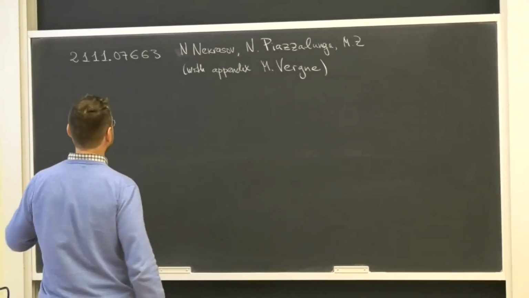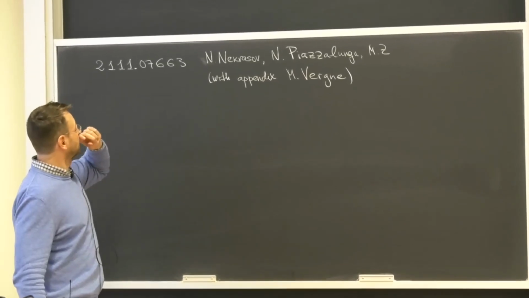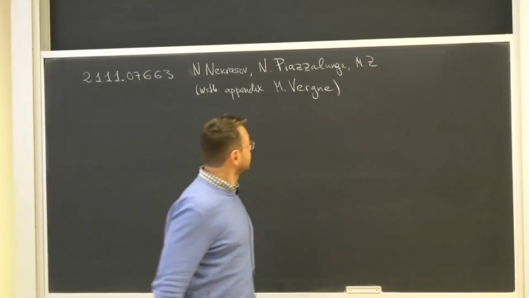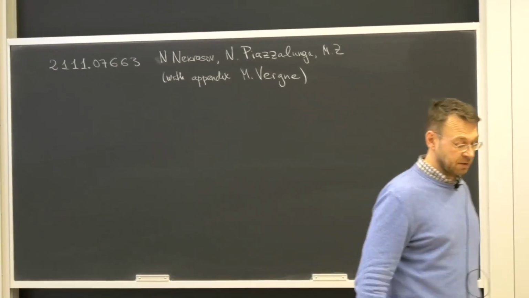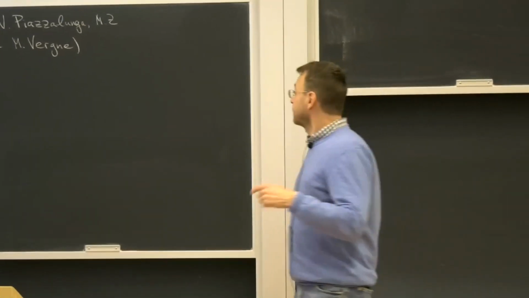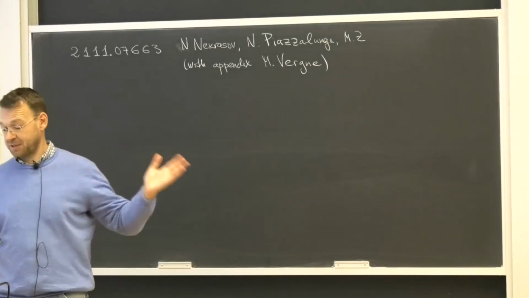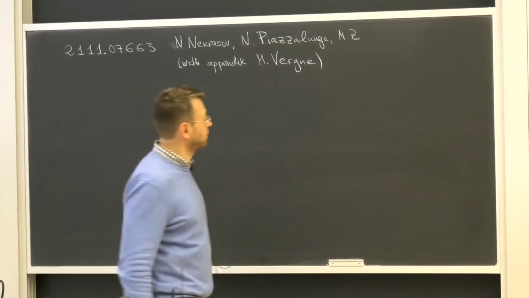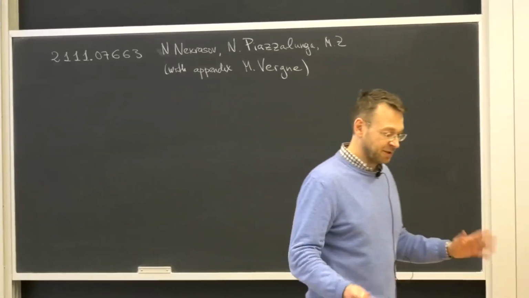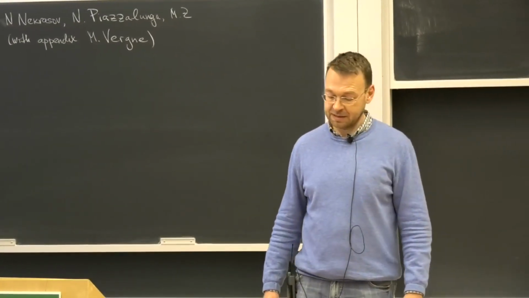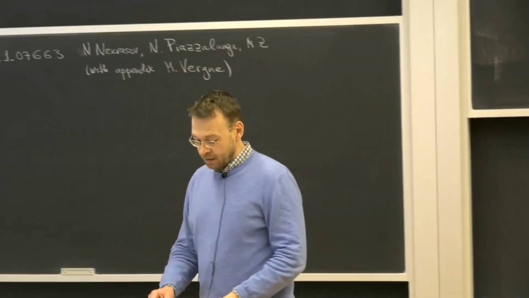So we wrote a paper, which we put out in November with Nikita Nekrasov, Nicola Piazzalunga, and myself. Then Michele Vernier looked at our paper. She wrote some notes, and we decided to put those notes as an appendix to our paper.